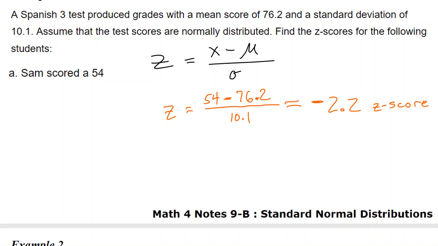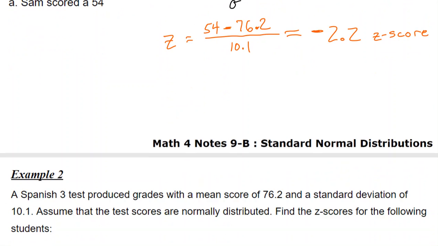That means that outside of two standard deviations, there's only 5% of the population, a little piece at the top end and a little piece at the bottom end. You cut that 5% in half, and you've got 2.5% on either end. So Sam was part of that 2.5% at the very bottom of the scale. He was not one of the stronger scores that day.